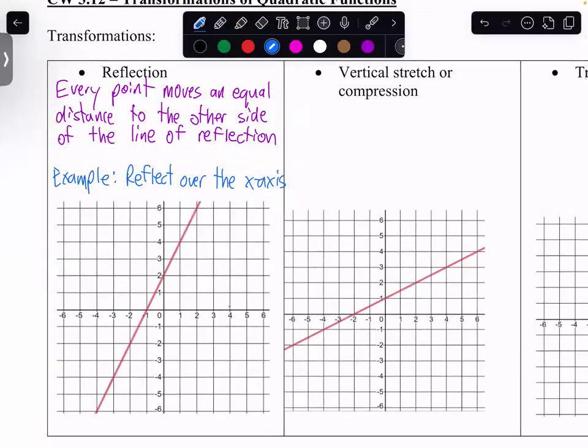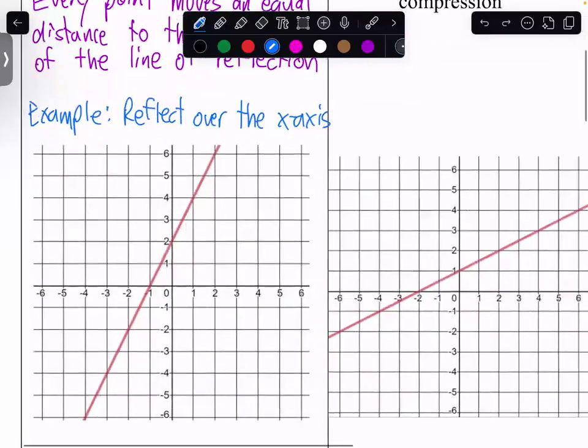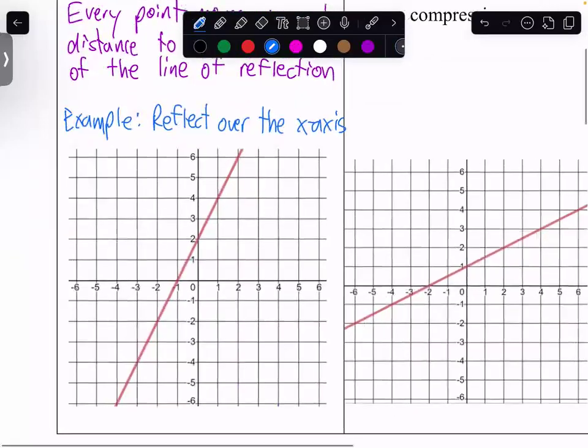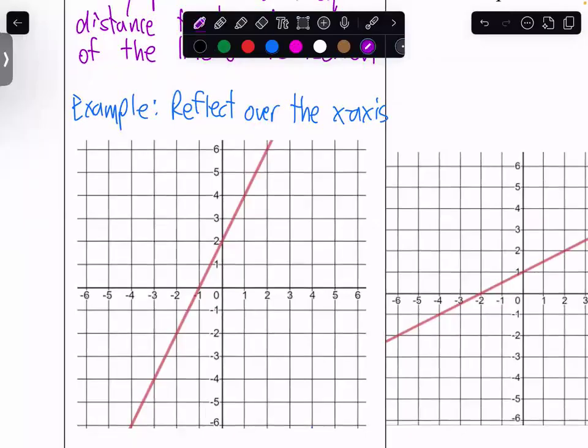Sorry, you said go to +4 and then to -6? Is that what you said? Okay, very close. You reflected over the y-axis. Here we're going to do the x-axis, so that's this one. It's the horizontal line.